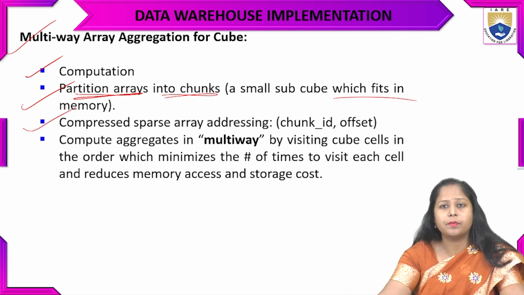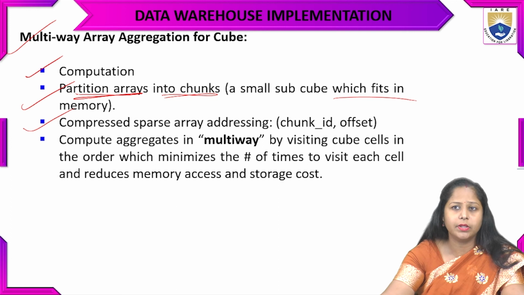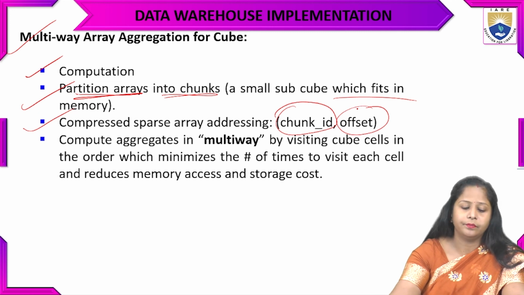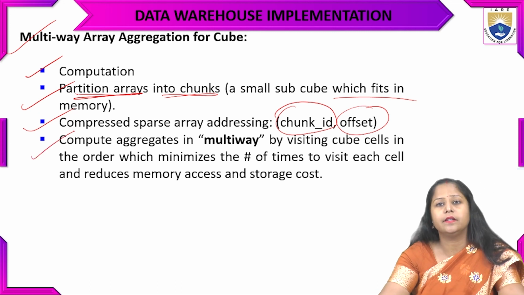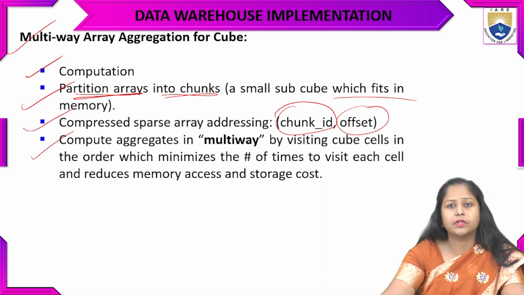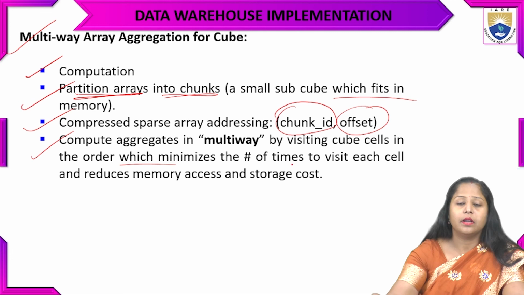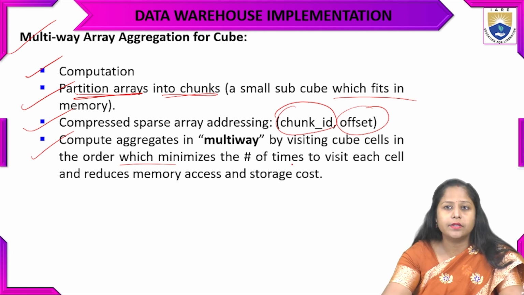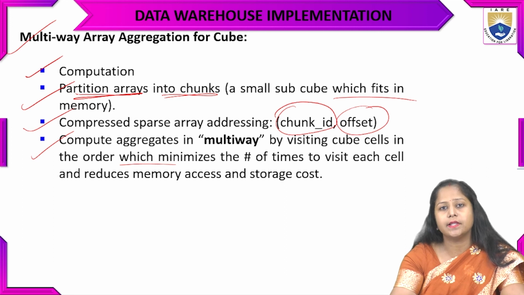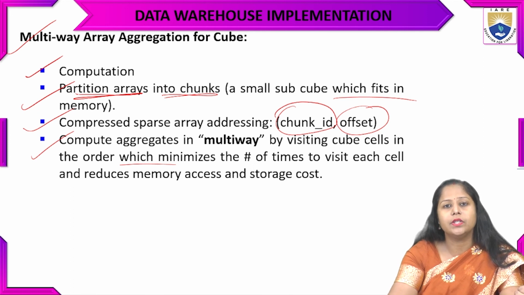Next, compressed sparse array addressing will be there, that is, these are offsets, these are chunk IDs. The aggregates in the multi-way method are computed by visiting cube cells in an order that minimizes the number of times we visit each of the cells. Why? Because it can reduce the memory access and the storage cost.